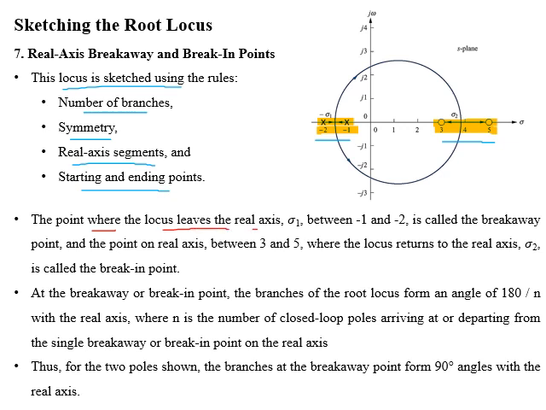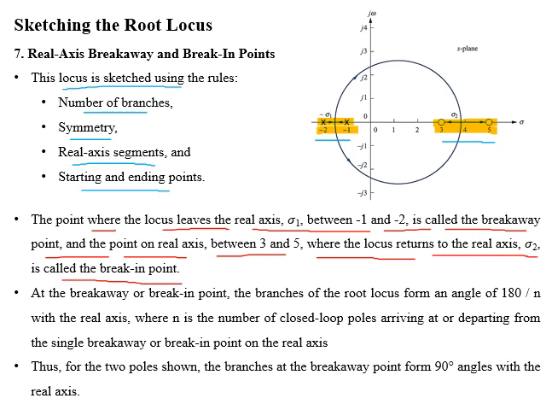Now if you look at the point sigma 1 on real axis, which is between -1 and -2, it is called the breakaway point. And the point on real axis between 3 and 5, where the root locus returns to the real axis, is called the break-in point and is given by sigma 2.